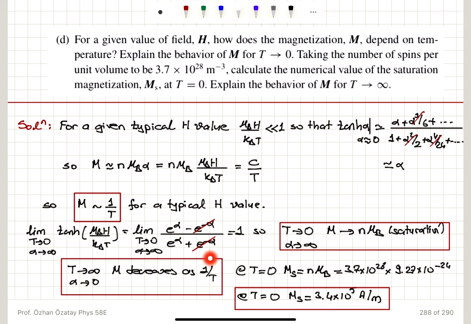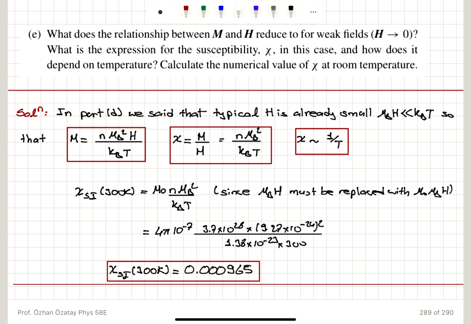And the behavior is decreasing as 1 over T as T goes to infinity. And this gives us a susceptibility N mu_B squared over kT, which is in the form of Curie law. And we can evaluate this at room temperature, and we see that it's a small positive number.